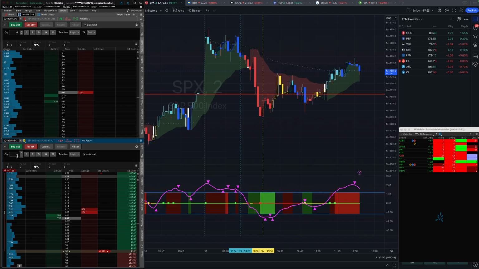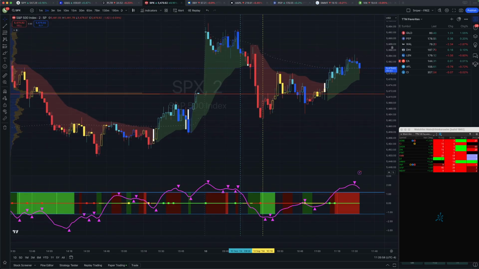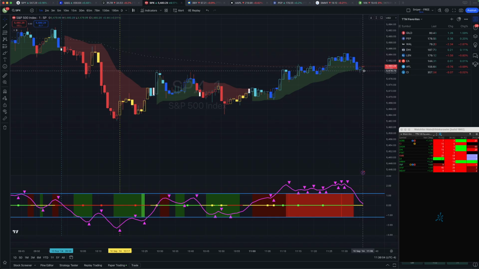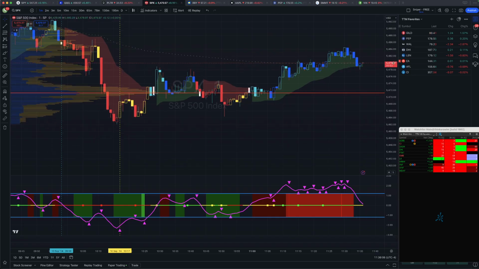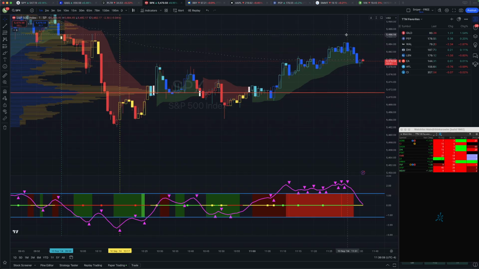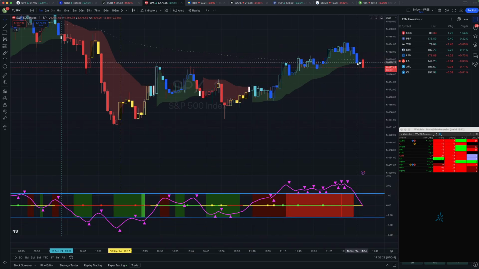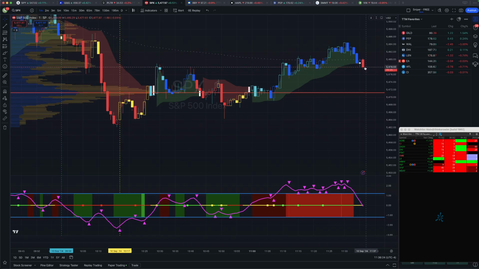Now, this is kind of interesting because we've come up above VWAP and we've come back down into it. So on a 1.0 trade, I typically will take profits a little bit earlier. One of the nice things is we are getting a shift. This is a 1.0 that happened on a 2-minute that is shifting to a 2.0 on the 1-minute.